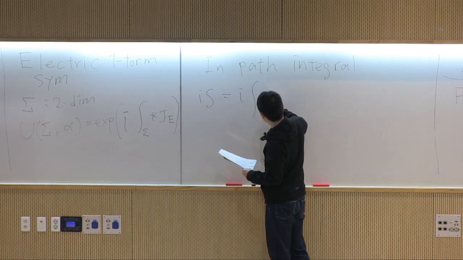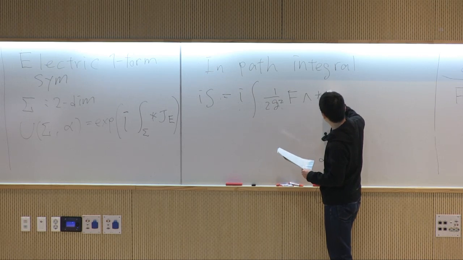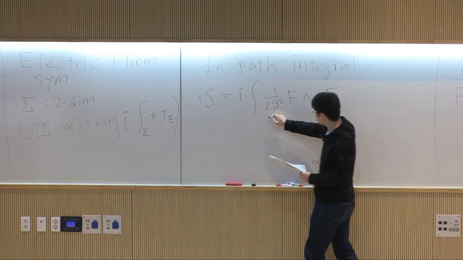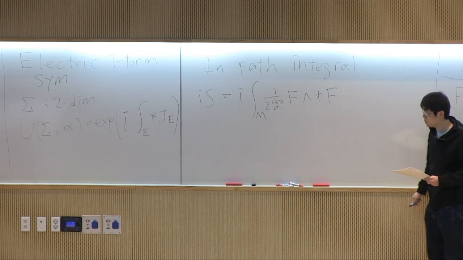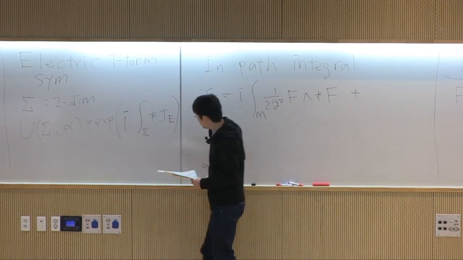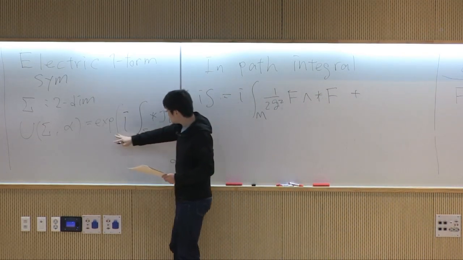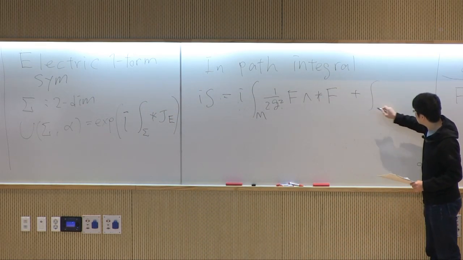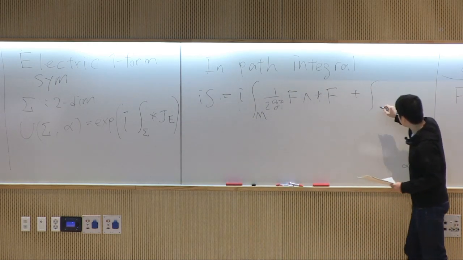First of all, we have just the free kinetic term for the Maxwell field, which I wrote before, and this is integrated over the entire space-time. This M is the entire space-time. If we insert this symmetry operator, then because this is an exponential of something, in the path integral we can put this exponent in the action.